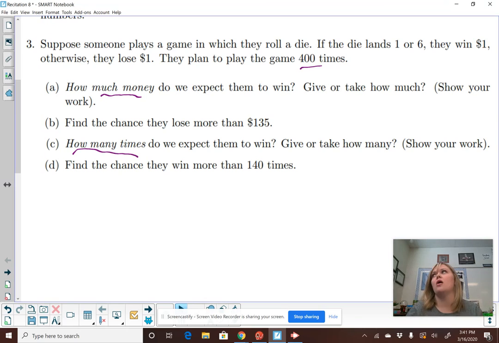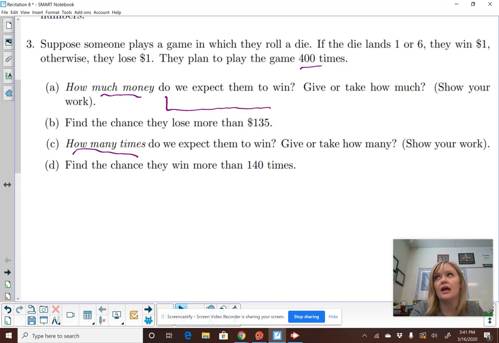Because how much money you win will have a different value on the tickets than how many times you expect to win, because that's just going to count whether you win or lose, right? So this one with how much money, and I may have helped you set up this one too. Did I? I guess I should check. I think I just helped you set it up. I don't know. If not, it will be a review, but okay.